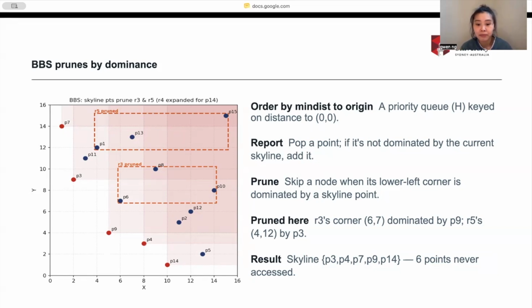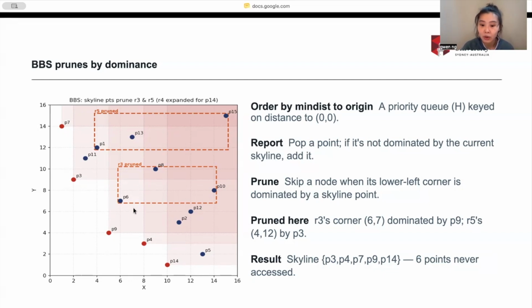When we pop a point, if it isn't dominated by anything already in our skyline, we add it in. The pruning rule is the interesting difference. We skip a whole node when its lower left corner, the best possible point, is already dominated by something in the skyline. You can see exactly that happening on the left side.